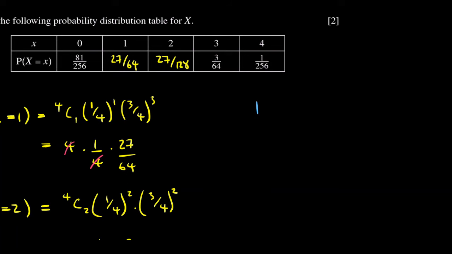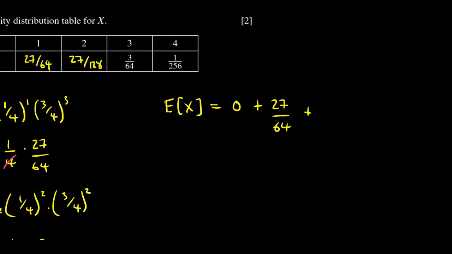So what you've got is the expectation of x is going to be equal to 0 times by 81 upon 256, so that's just 0, plus 1 times by 27 upon 64, plus 2 times by 27 upon 128, well, that's 27 upon 64, plus 3 times by 3 upon 64, that's 9 upon 64, and plus 4 times by 1 upon 256, so that's 1 upon 64.